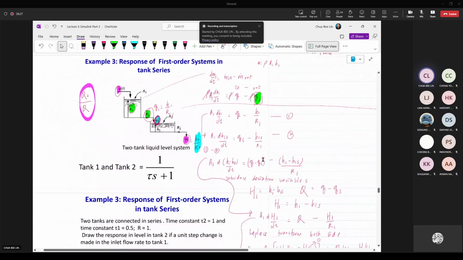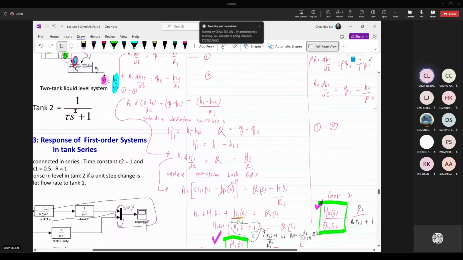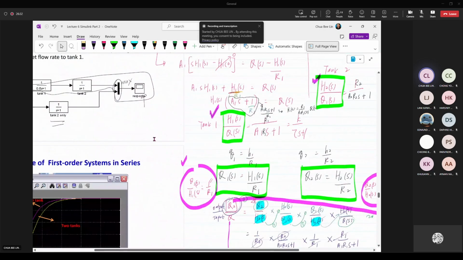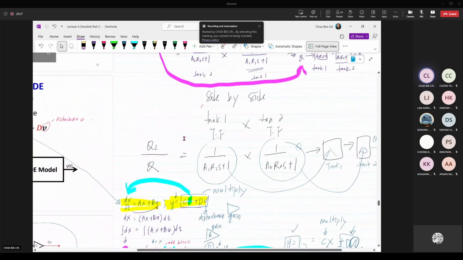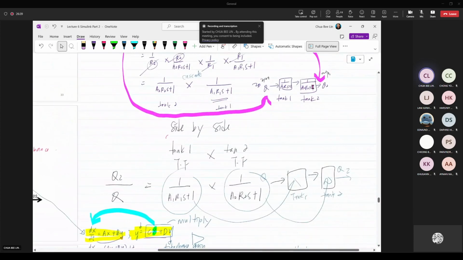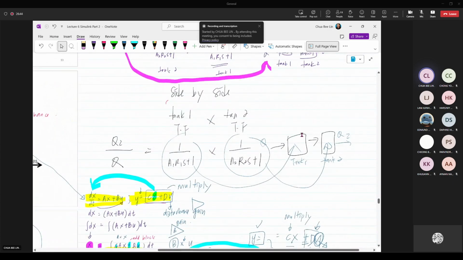The solution is already provided, but you can see this is solved by the transfer function method, where finally you have to solve using the chain rule, to get the cascade side by side and use the transfer function block. So this is solved using the transfer function method, for 2 tanks in series.